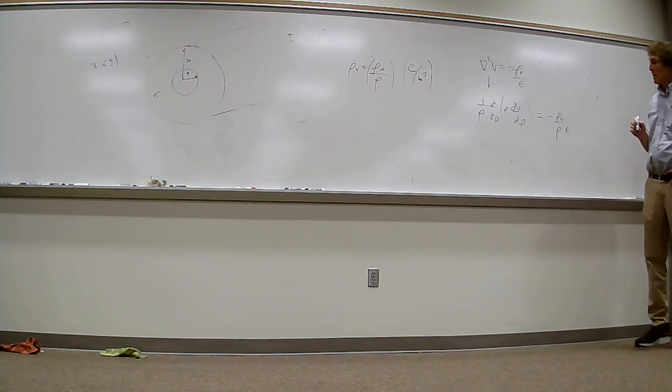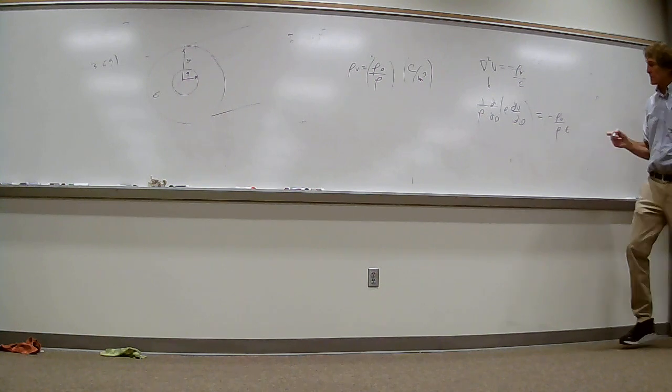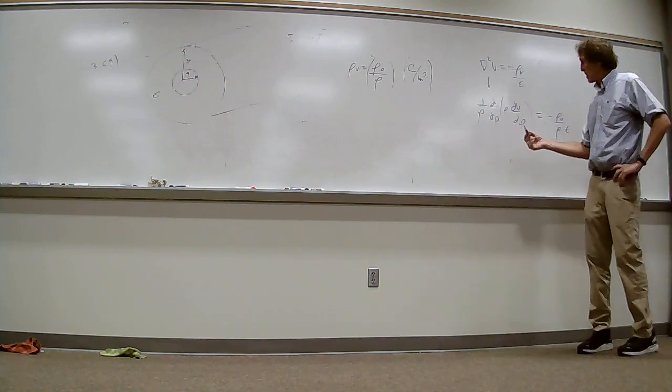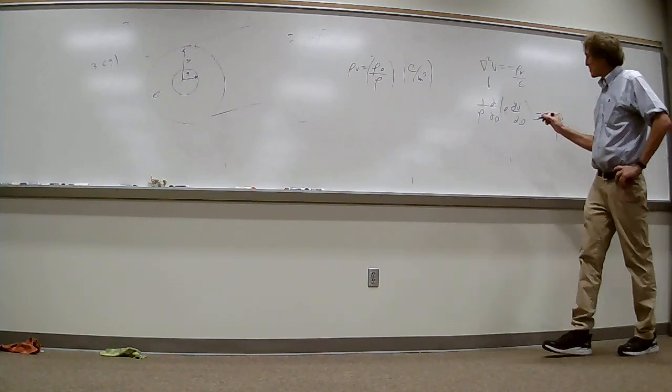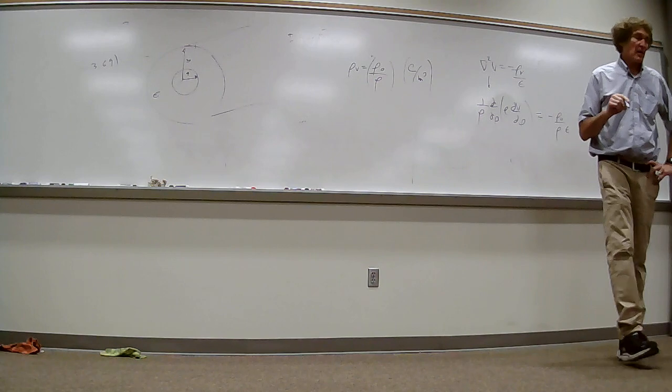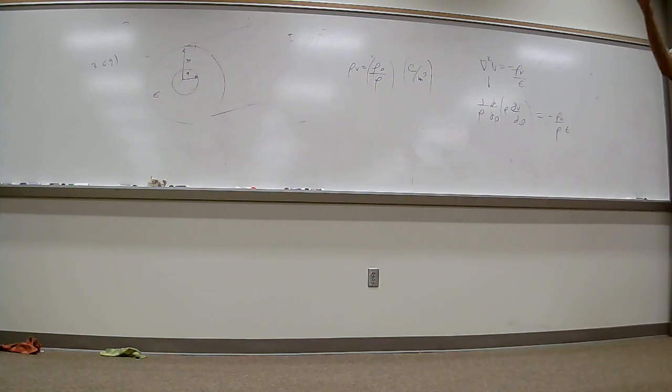What is that in front of the dV/d rho? This is 1 over rho. Look at the back cover of your book, on the lower left-hand side.